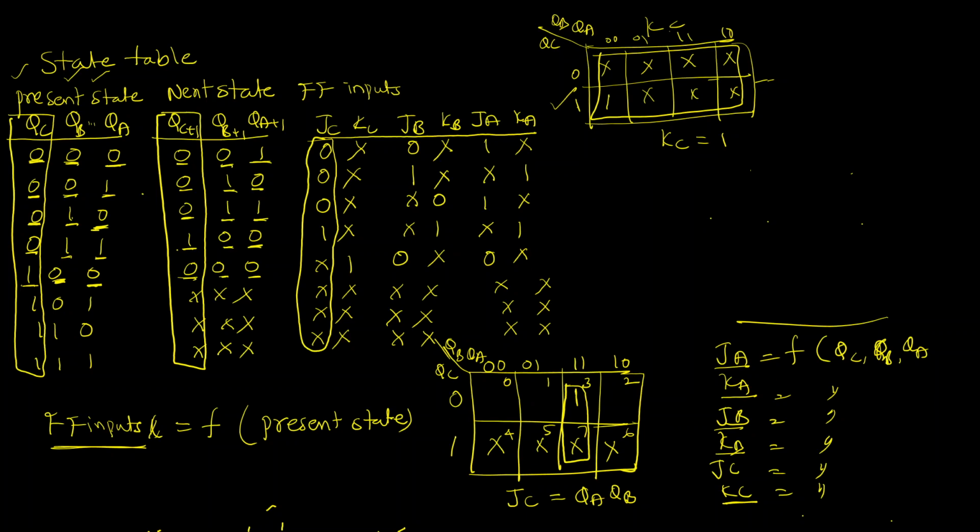Similarly, if you solve, you will get JB as QA, then KB as QA, then JA as QC bar, then KA as well. This is how you have to do the design. If it is mod 4 or mod 7 or mod 8, accordingly this table is going to change, and you have to use K-maps and solve it similarly. With this I will stop.